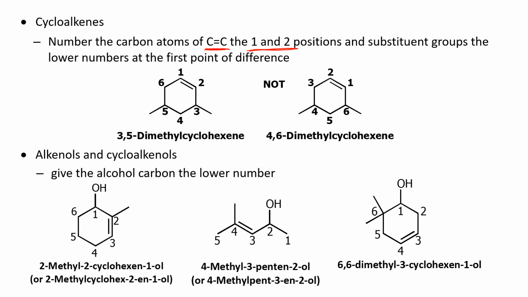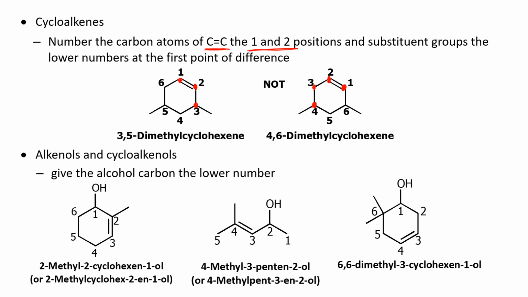So let's take a look at this cyclohexene molecule. Now, if we start here, 1, then 2, we get our first substituent at the 3 position. Versus if I start here on this carbon and number through the alkene, 1, 2, that gives me my first methyl at 4.